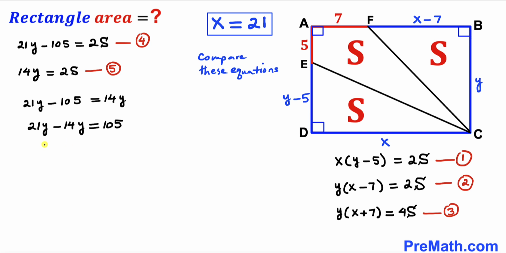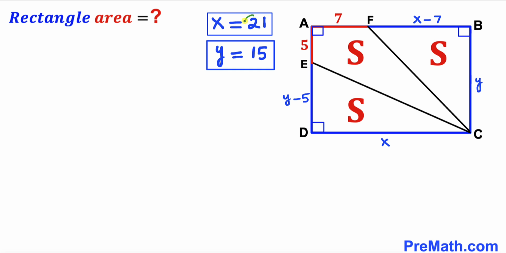Therefore we got 7 times y equals 105. Now we are going to divide both sides by 7 to isolate y. Therefore our y value turns out to be 15 units. So thus our x value turns out to be 21 and y value is 15.